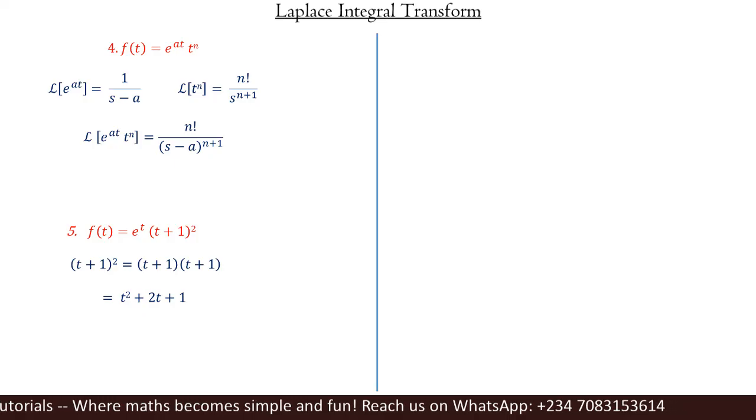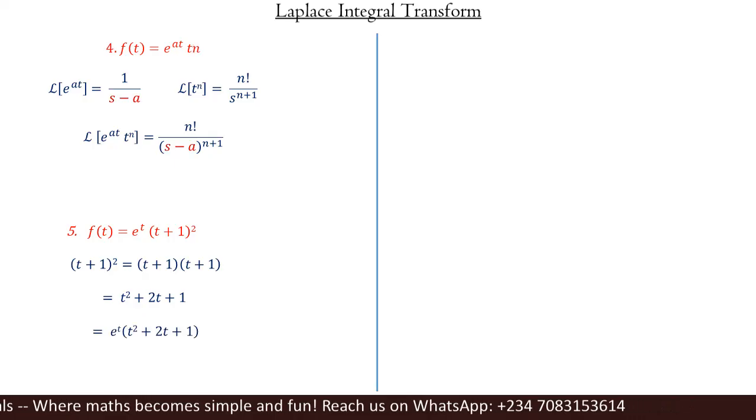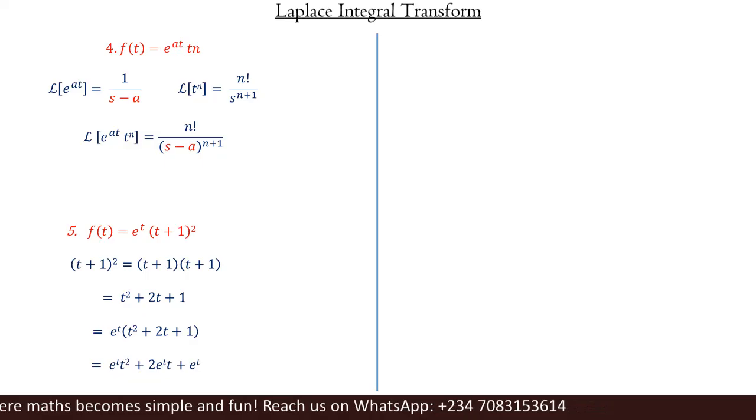Remember, here we are being multiplied by e raised to the power of t, meaning we are going to have e raised to the power of t open bracket t squared plus 2t plus 1. When we multiply it, we are going to have e raised to the power of t multiplied by t squared, plus 2 e raised to the power of t multiplied by t, plus e raised to the power of t.